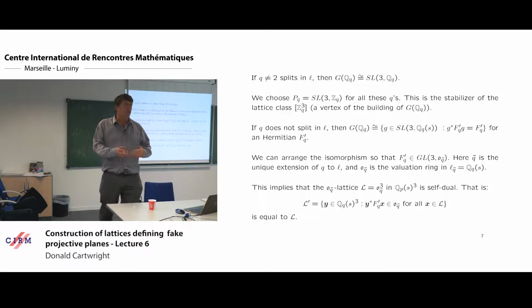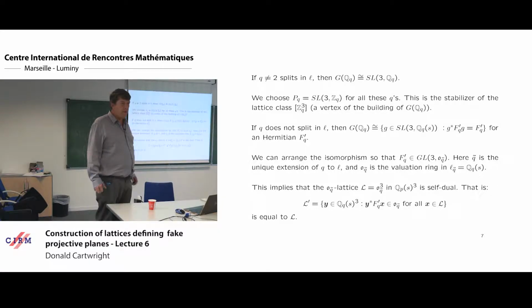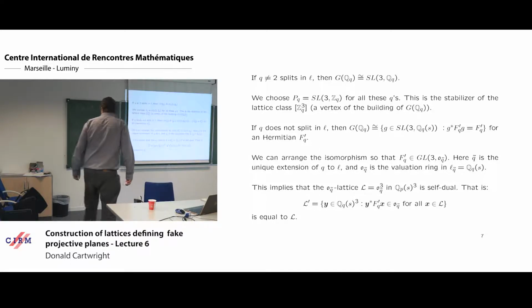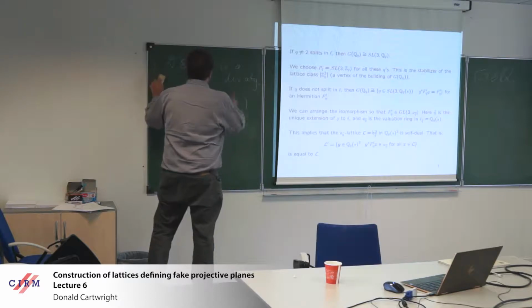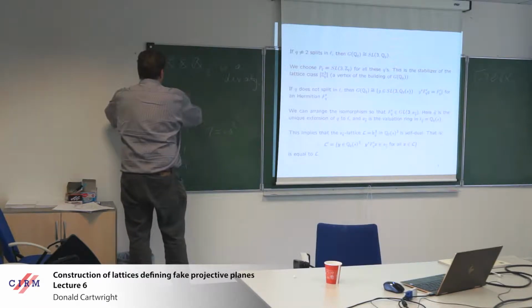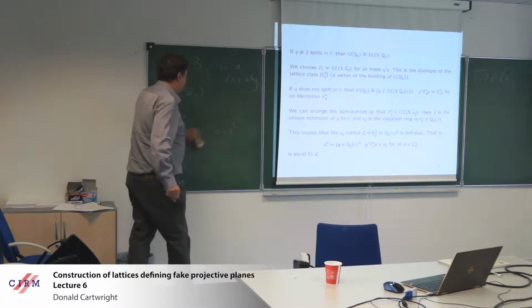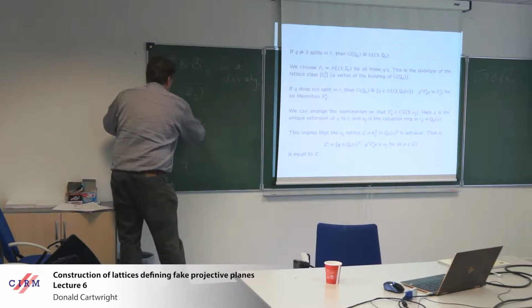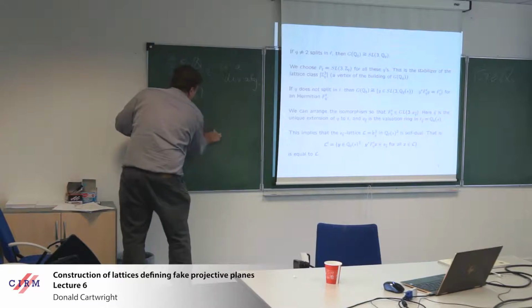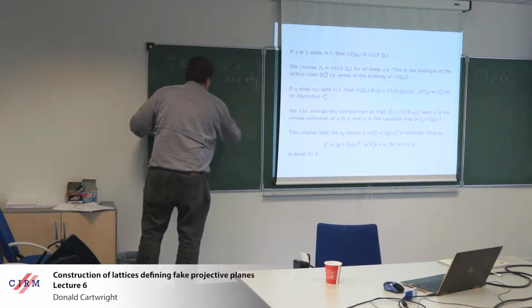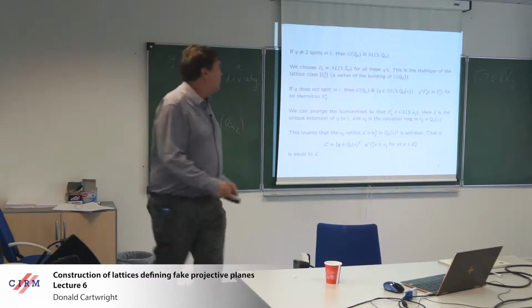So this is a nice maximal compact subgroup inside SL3(Q_Q). We make that choice of our parahoric for each of the Q's which split, except for 2. Remember, the way it's set up, because this is a division algebra still, G at 2 is compact, and we want P sub 2 to be a maximal compact subgroup, so we choose it to be the whole thing, you see? So that's what happens with 2.